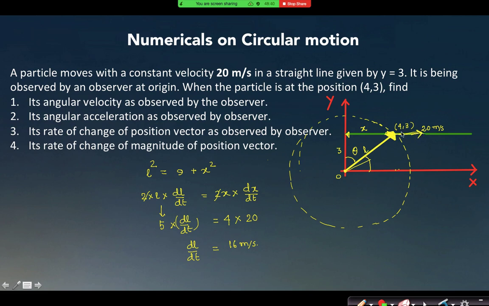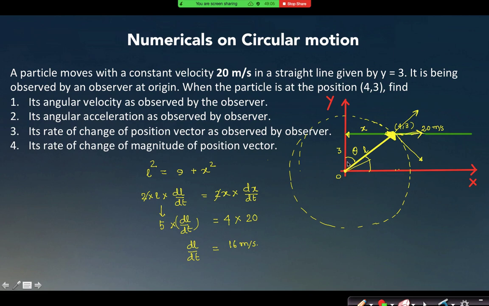Why is the velocity along this line? The reason is that one component of the velocity must increase the radius of that circle. Another component of the velocity is responsible to change the direction or angle theta of that radius.